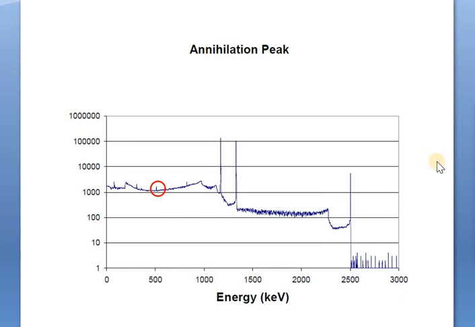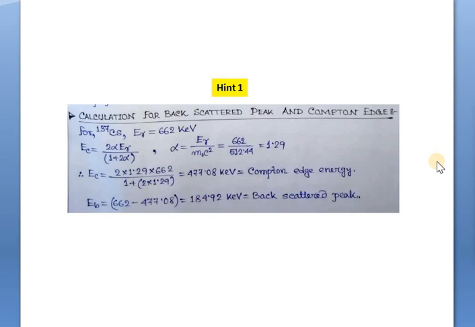Okay, now on to the next part. A lot of you students asked me yesterday to give you a hint regarding the calculations for the backscattered peak and Compton edge, and this is what I have shown for you for the case of 662 keV. You can see on the screen, right? And you must do the calculations for the other gamma rays.